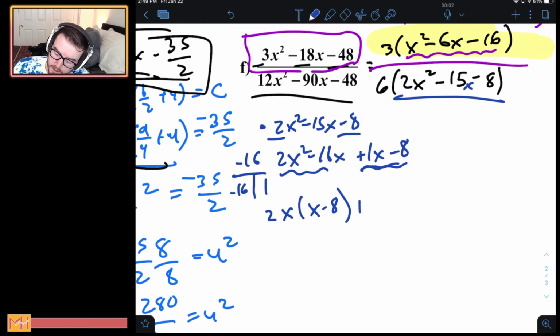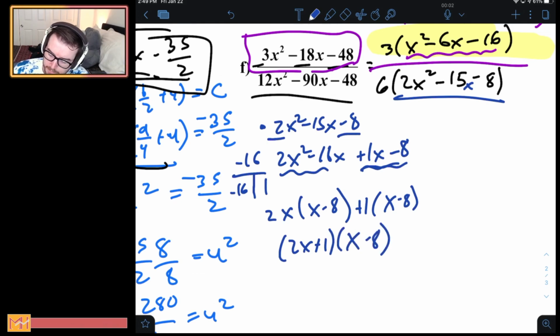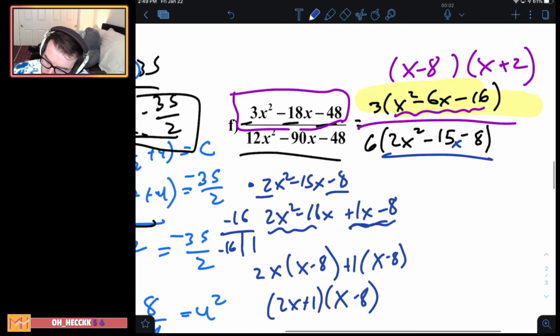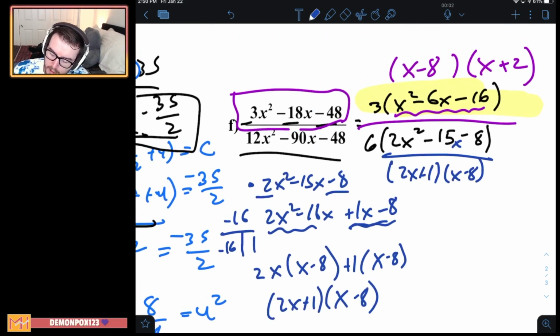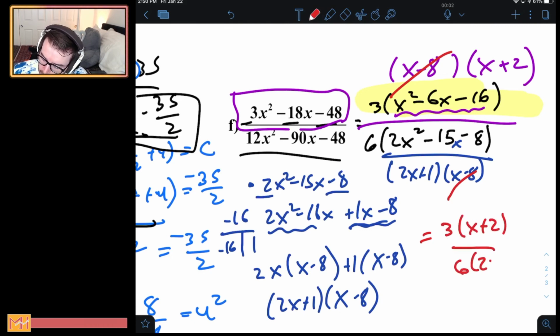They're both divisible by 1, so it's just a 1, and we're left with 2x plus 1 and x minus 8. So when we write this out, we end up with 2x plus 1 and x minus 8. Would you look at that? The x minus 8 cancels, and we're left with 3 times x plus 2 over 6 times 2x plus 1.